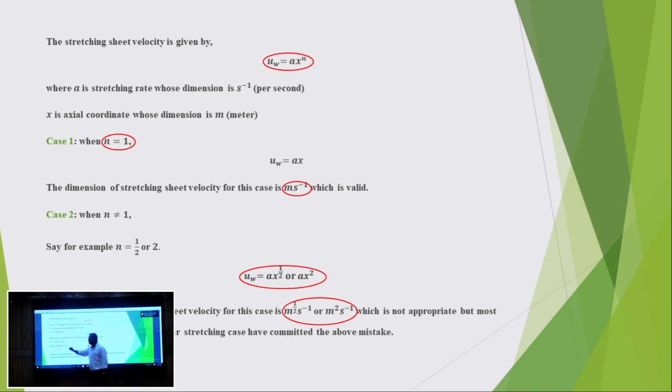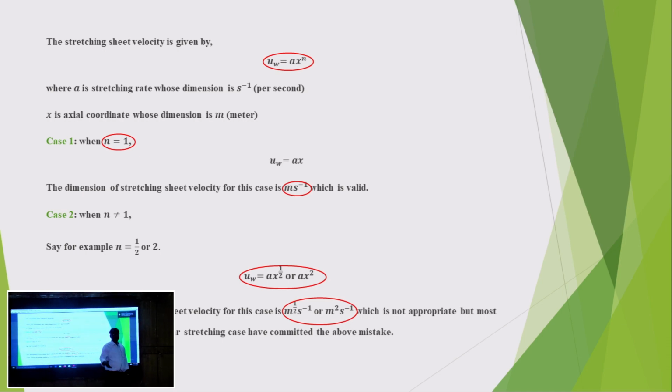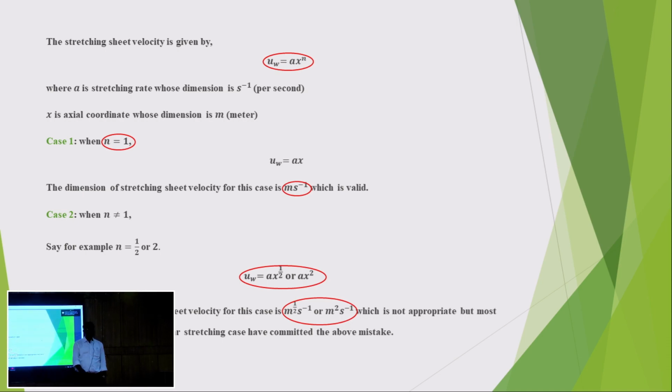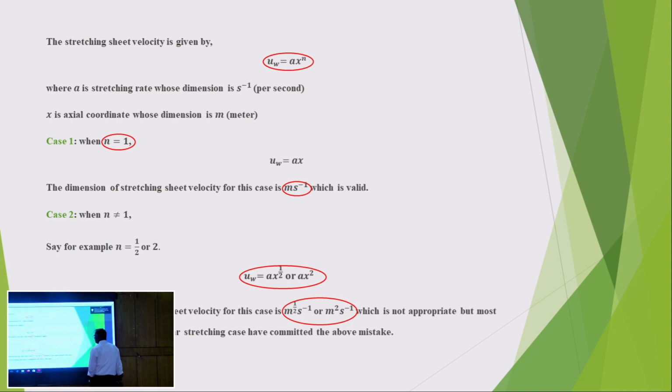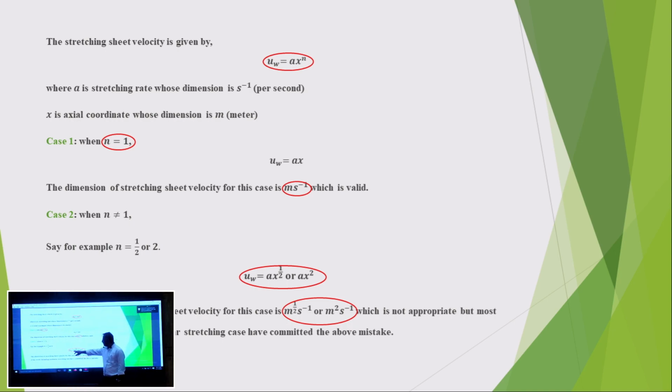When n is not equal to 1, it may be a fraction, or it may be 2, or it may be 3, whatever, then surely it will become non-linear. Then you see here, your unit will be different. For this, you are going to get like this, and for this, you are going to get like this. But Uw means velocity, it must be meter per second.